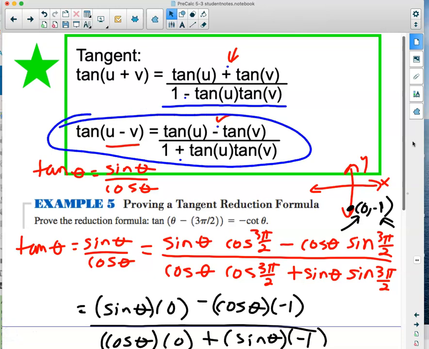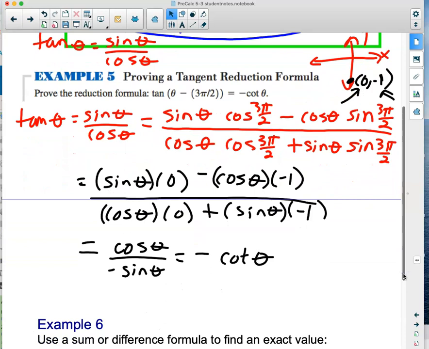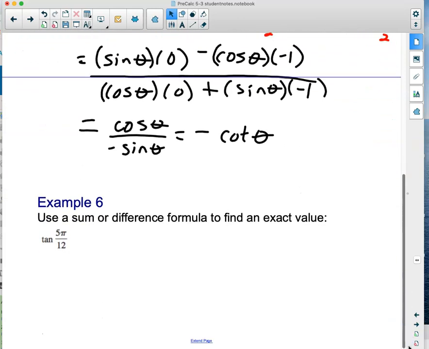Once you've seen the proof for it. So like I said, this isn't the proof for tangent theta equals sine of theta over cosine of theta, but it gets so close that I think it gives you a feel for how that formula would work, and it might be one of those things they have you prove in the homework.